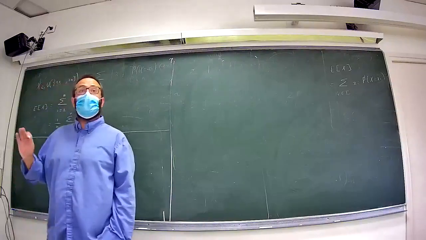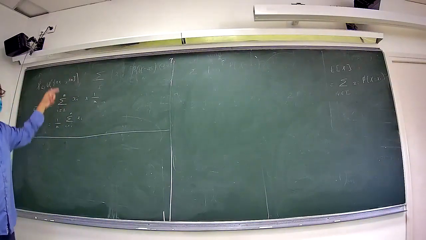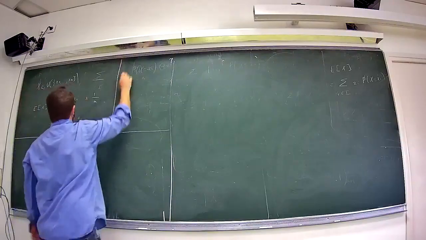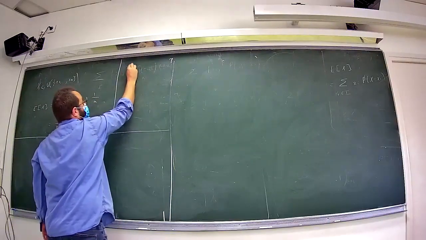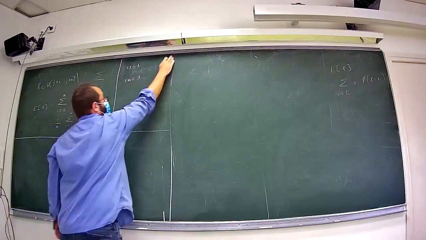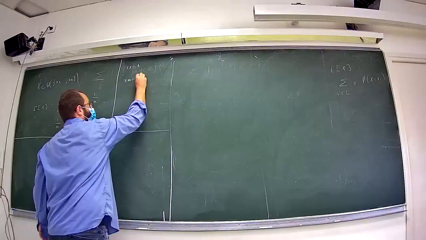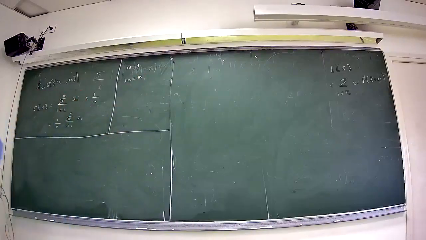So I have this one. If I want to continue, I need to specify the values. For example, as a subcase, if I take x1 equal to 1 and xn equal to n, why not? Meaning that I have a uniform on 1, 2, 3, ..., n.